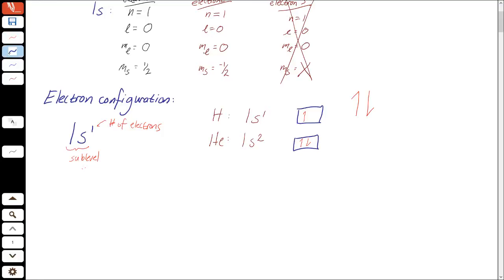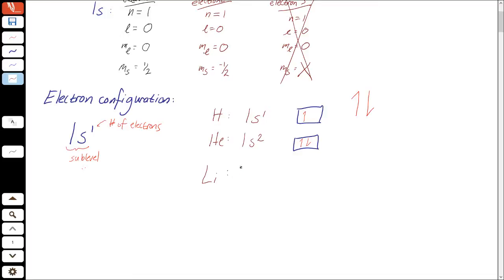So if we have lithium now, we need somewhere for those electrons to go. They can't fit in the 1s, so they have to actually be promoted or put up in a different level, and this level is going to be higher in energy because remember, as the n increases, you have higher and higher energy.